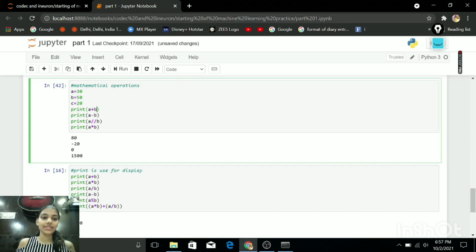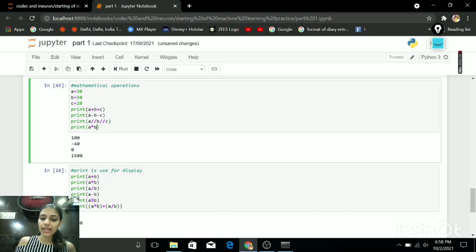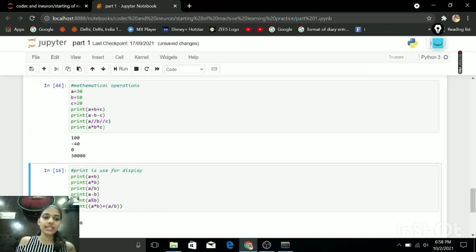So let's do some more. A plus B plus C, it's 100. A minus B minus C is minus 40. So let's do this also. It's 0, right? A multiplied by B multiplied by C is 30,000.